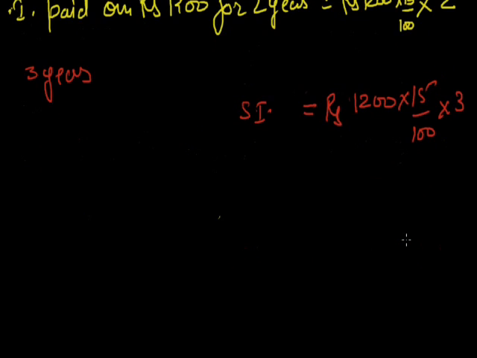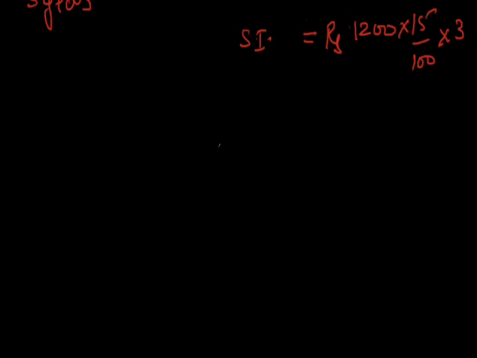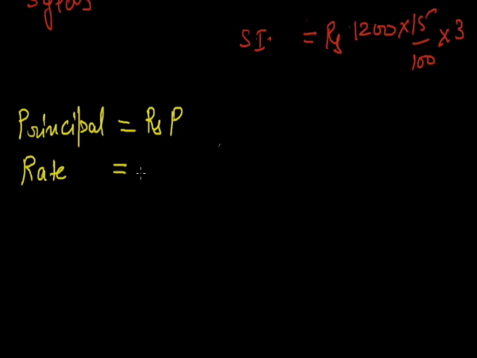Now let us calculate the formula for calculating simple interest. For example, if the principal is rupees capital P, the rate of interest is R%, and the time period is capital T, and the rate is R percent per annum.